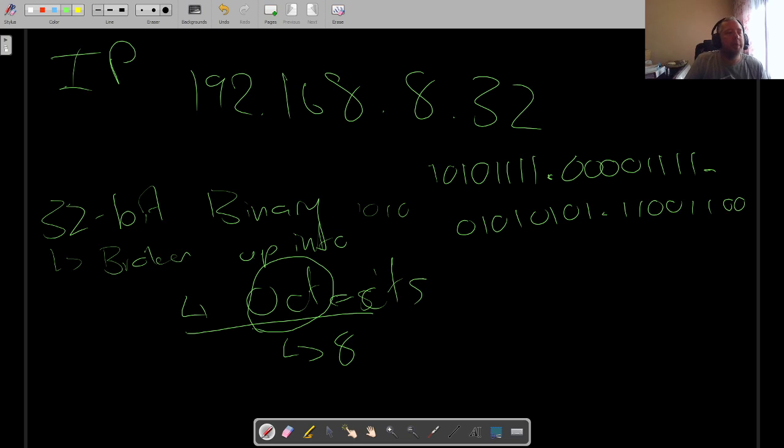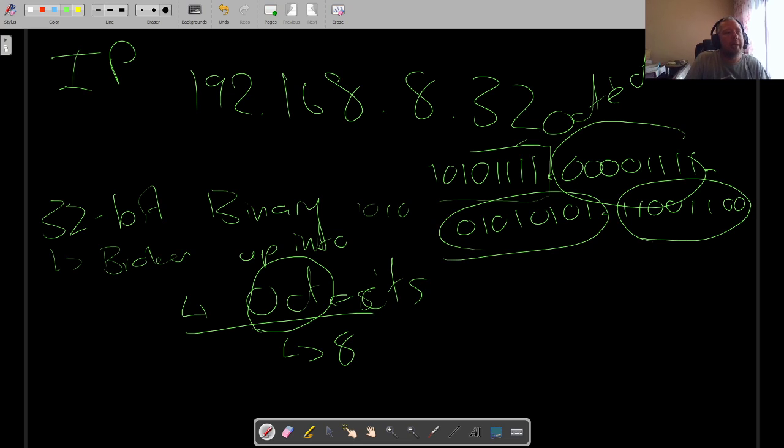So it's 32 bits all together, but these 32 bits are broken up into octets, where we basically take 8 binary numbers and group them. So it's 4 groups of 8 numbers together, making up an IP address.